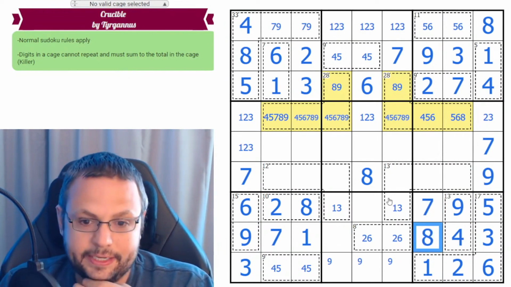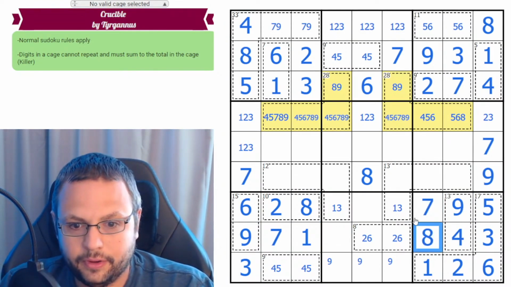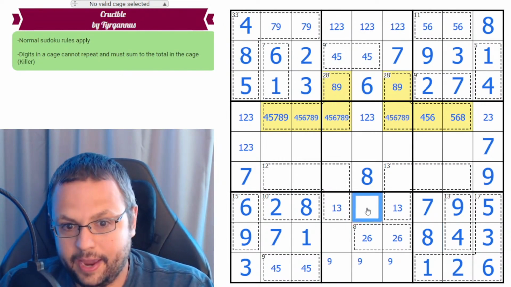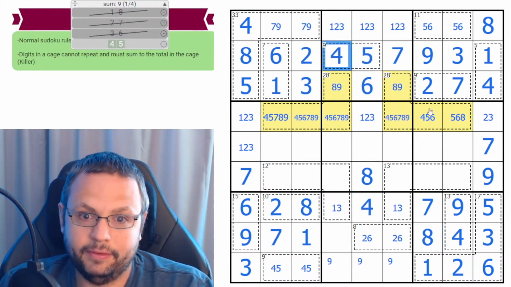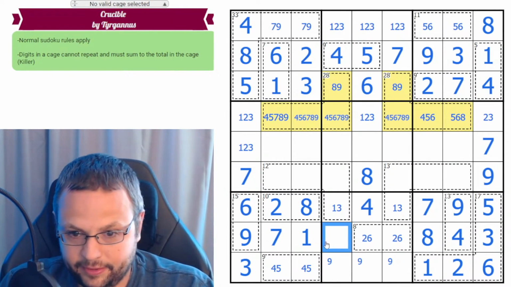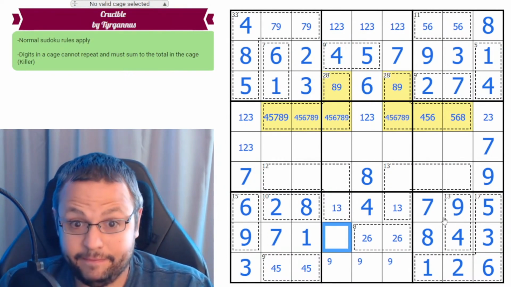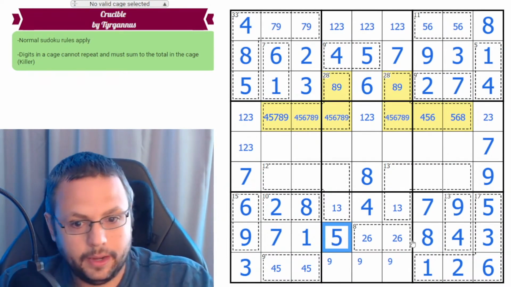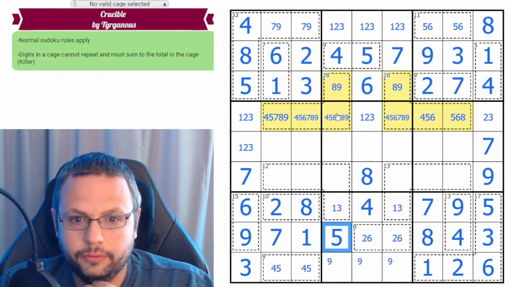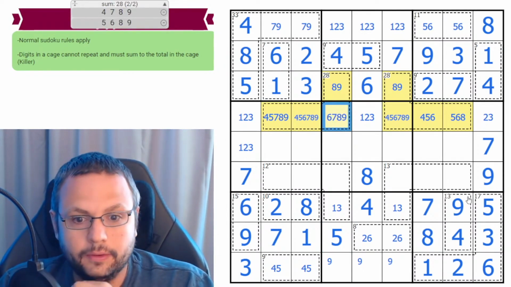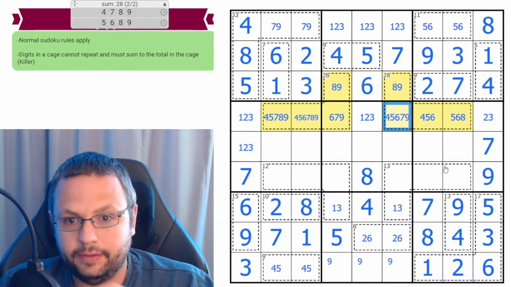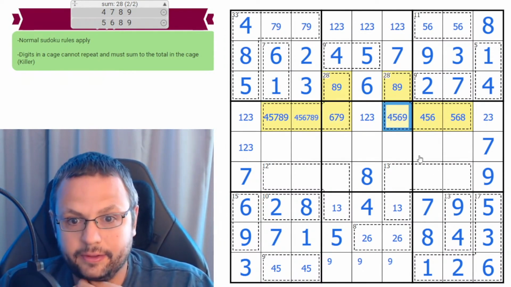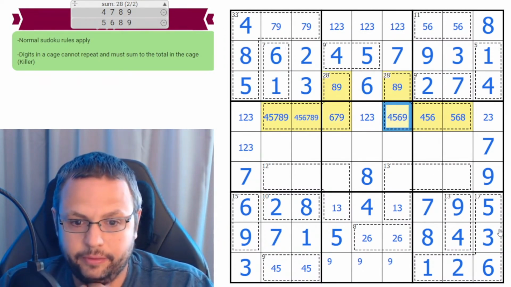I've got some right-in digits now. So this is a 4, making that a 5 and a 4. This is a 5, doing relatively little. I guess neither of these is an 8. That one's not a 7 either. Okay, maybe at some point these are actually going to resolve themselves.